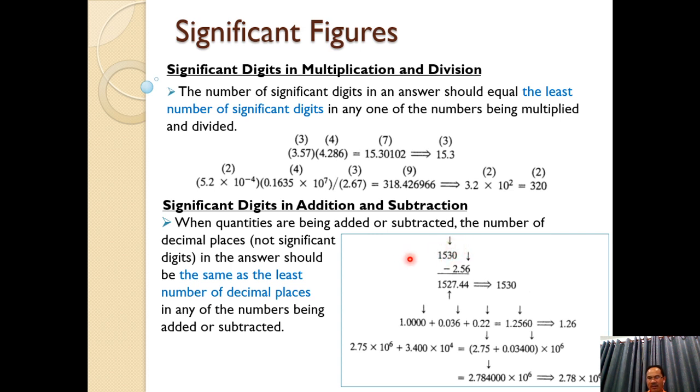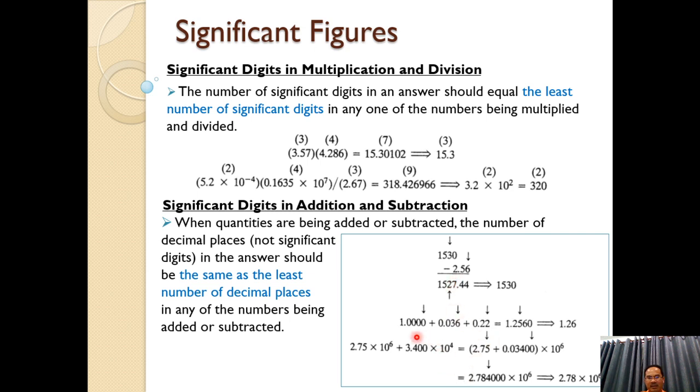The first number has no decimal place, and the second number has two decimals. Sorry, the first one has 0 decimals and the second one has 2. The answer should have 0 because that is the minimum. You get this answer.